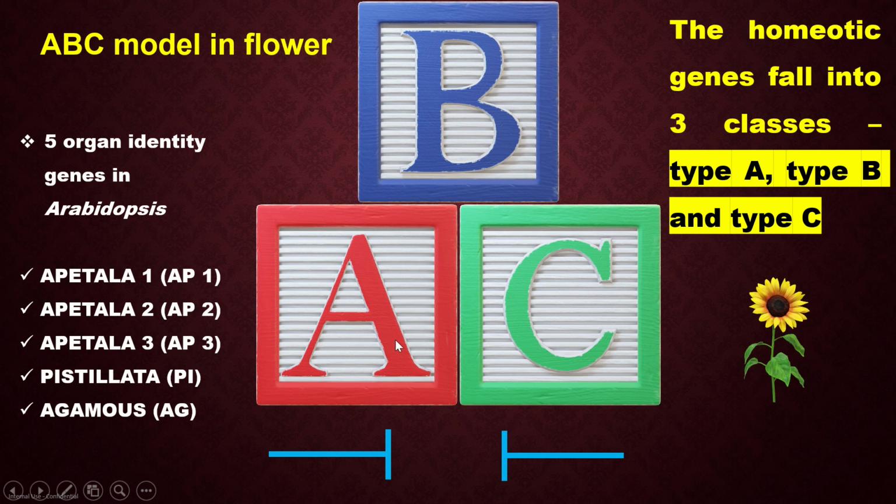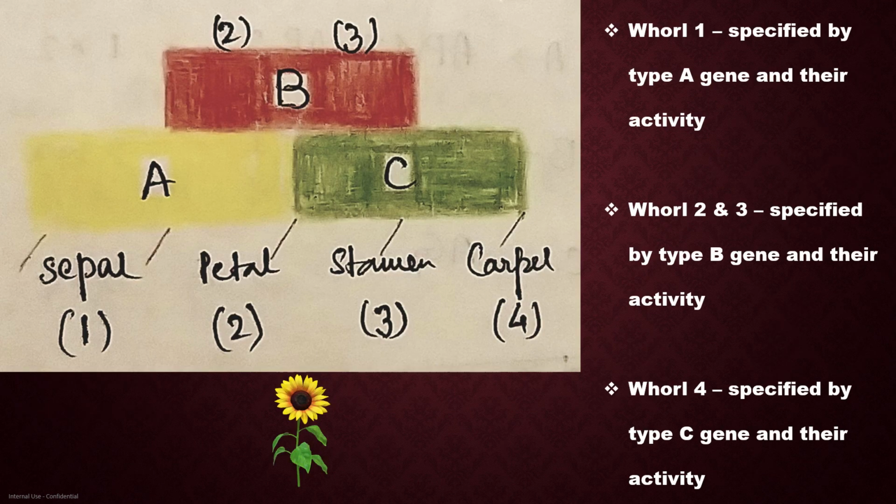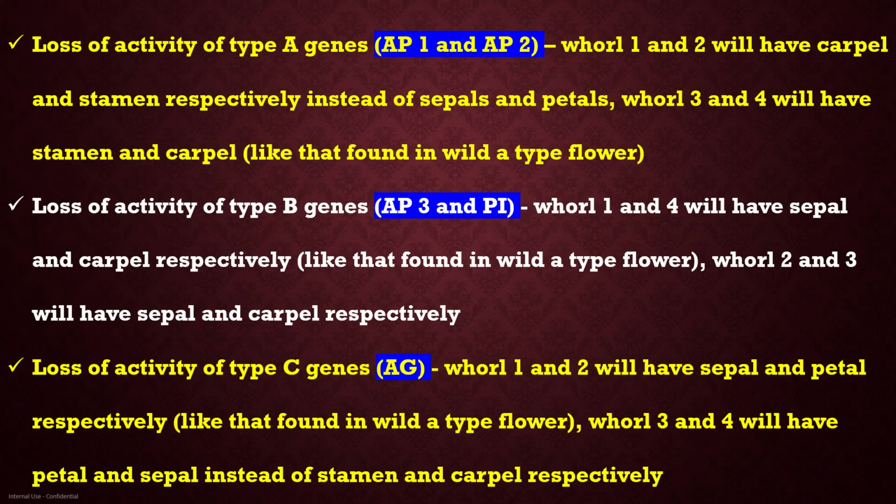So if in any case type A genes are mutated or they have lost their function, type C genes will take over and vice versa. That means if type C genes are mutated, type A genes will take over.